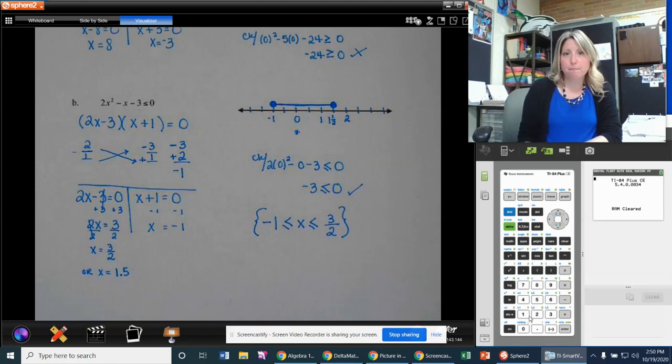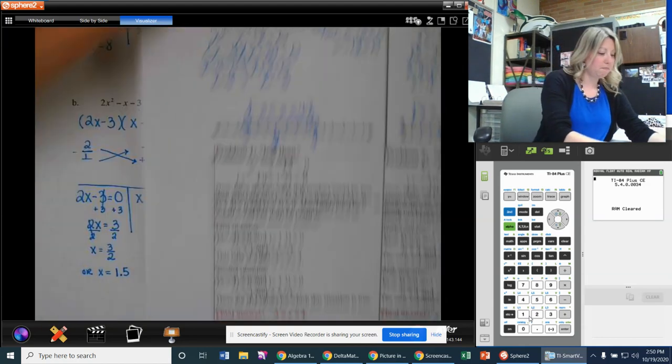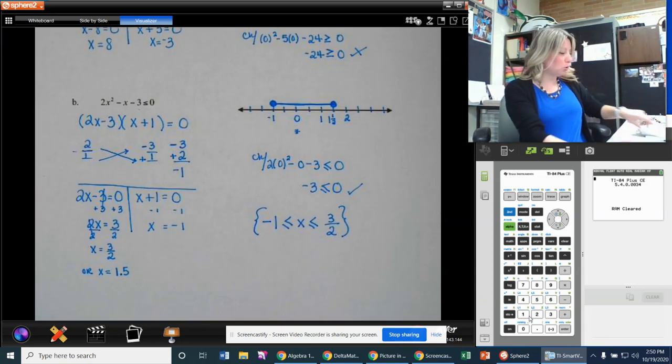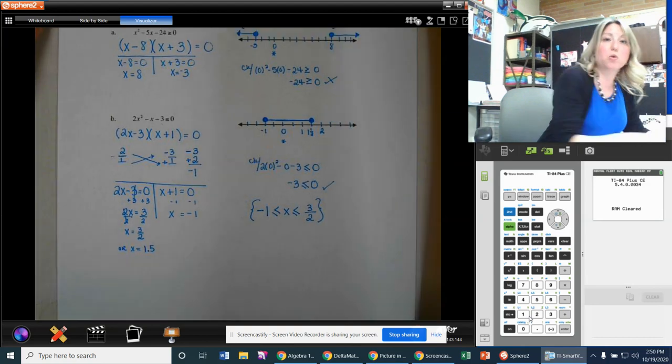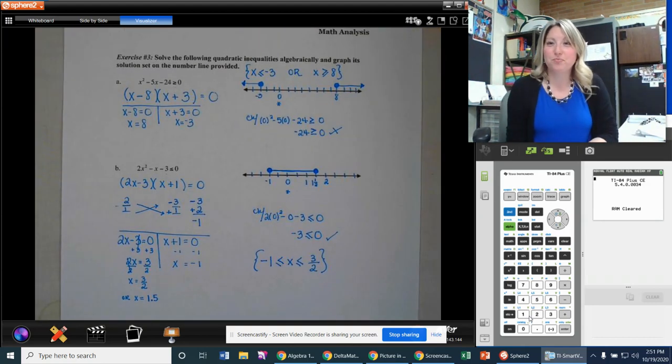Okay. Notice, again, less than, final answer, between inequality. So it's kind of a little rule that you can remember if you want to remember more rules. If you don't want to remember more rules, well, you have to do the checkpoint anyway. So there you go. Okay.